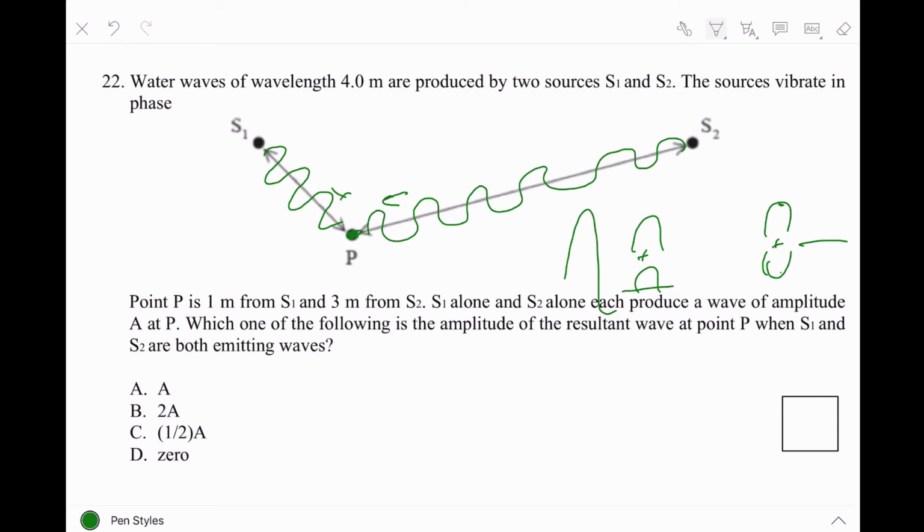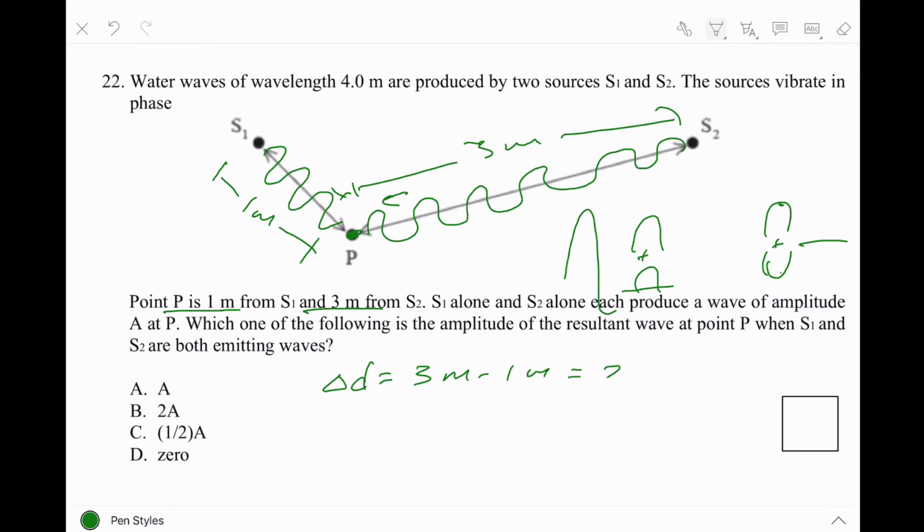Now, how to do it? First, you have to look at the distance. From here to here is 1 meter. From here to here is 3 meters. So the difference, delta d, is 3 meters minus 1 meter, so it's 2 meters. At the same time, the wavelength lambda is 4 meters.